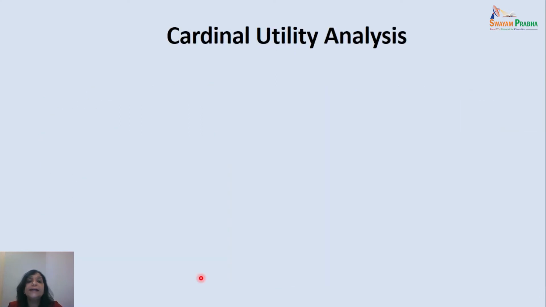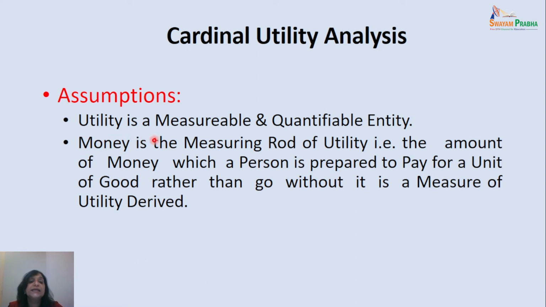Now let us understand what cardinal utility analysis says and what the law of diminishing marginal utility is. But before that, let us see the assumptions behind this analysis. The first assumption is that utility is a measurable and quantifiable entity. For example, in the previous example, we saw the total utility Joe was getting from each slice of pizza. This is a particular school of thought, given by Marshall, which says that utility can be measured.